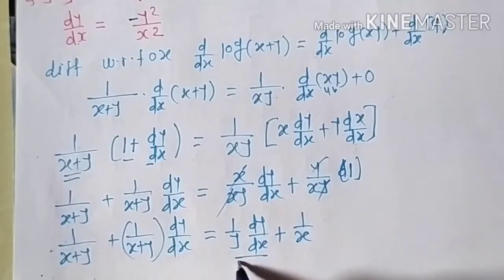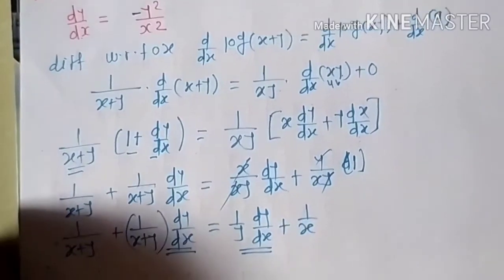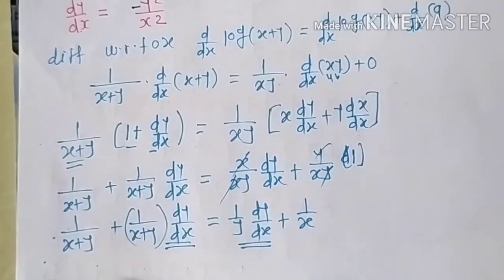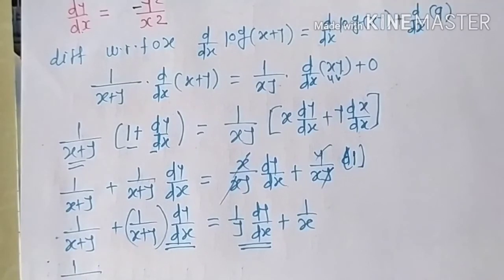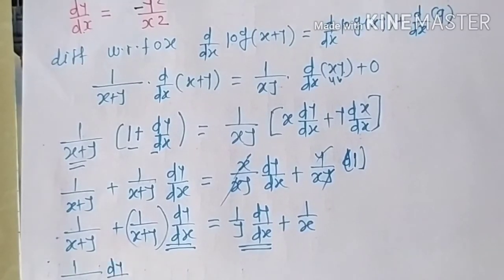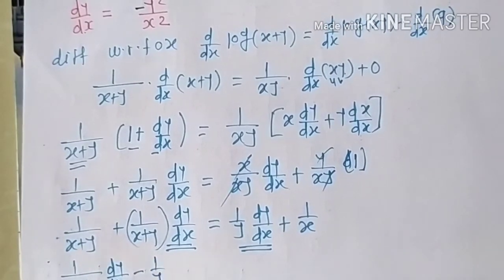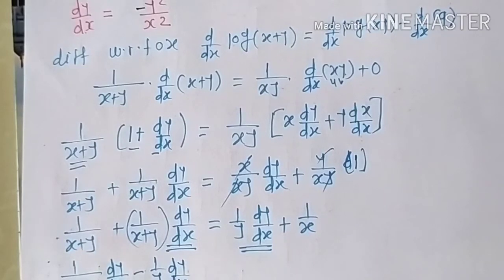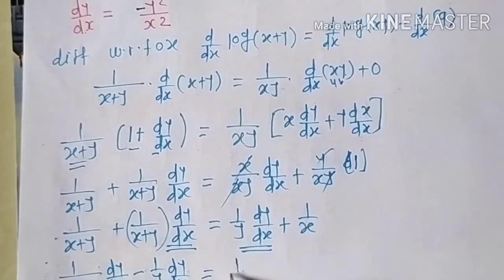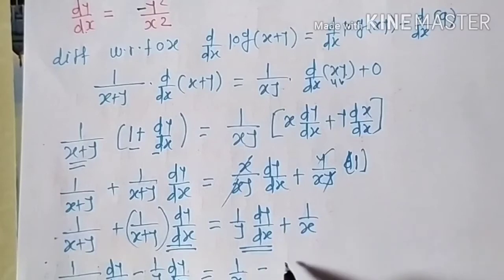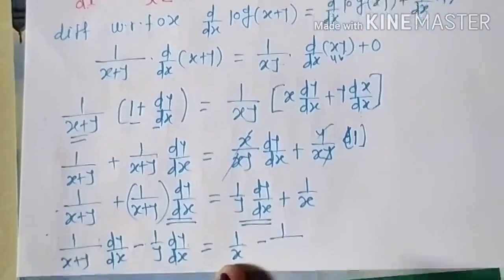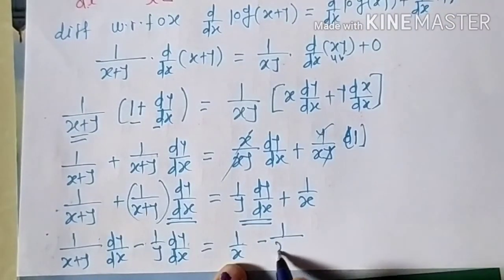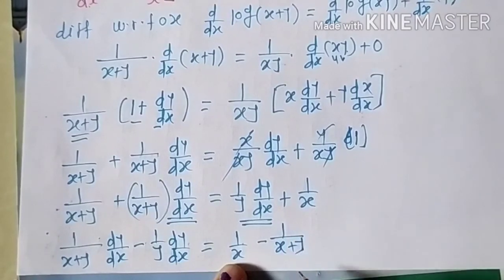Then to separate out the dy by dx term, transfer this term to the left hand side: 1 by x plus y dy by dx minus 1 by y into dy by dx is equal to this 1 by x, transferred to the right hand side, 1 by x minus 1 by x plus y, okay.